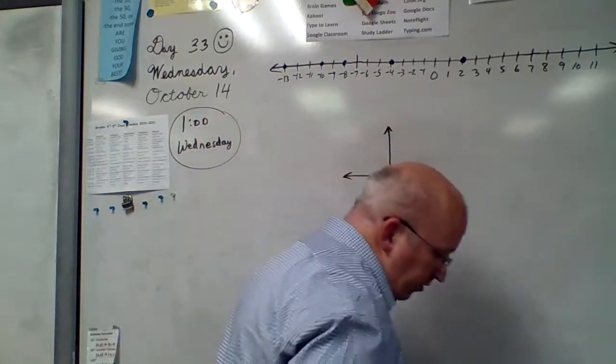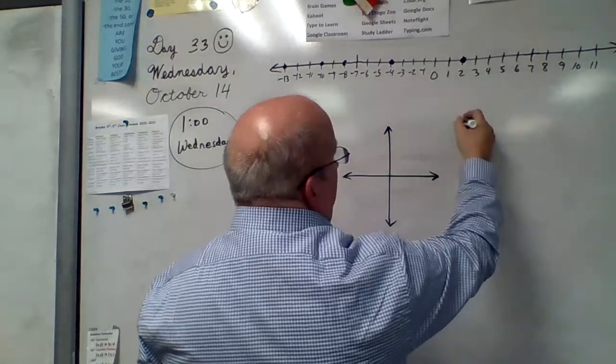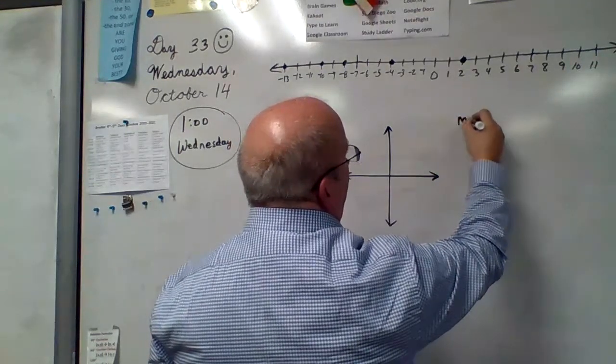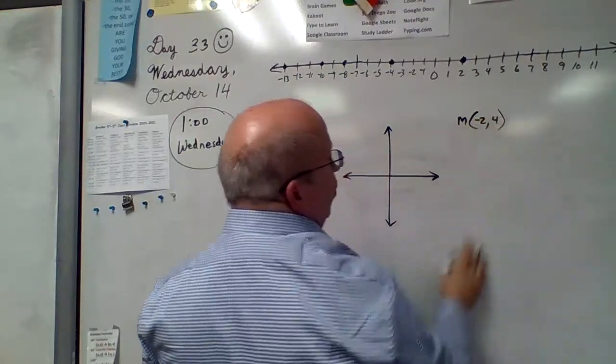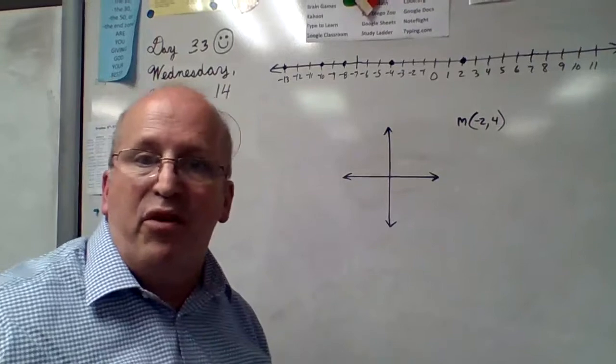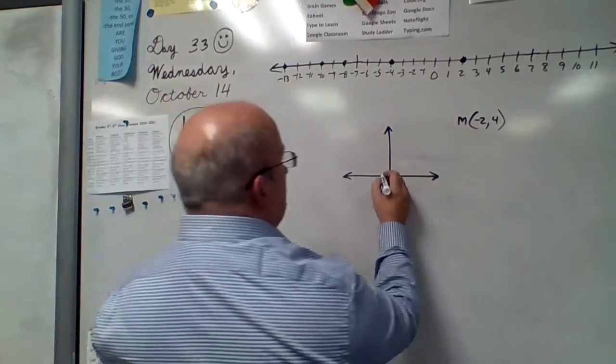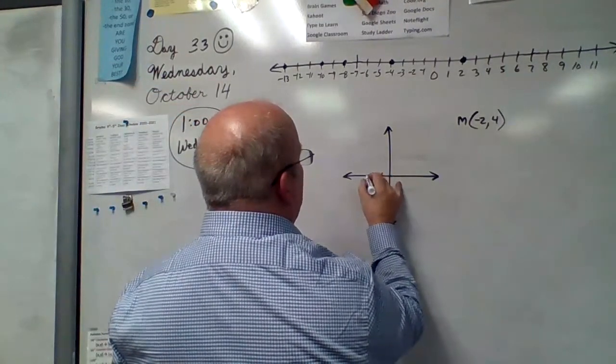If somebody said to me, here's a point, I'm going to call it point M, and it's located at negative 2, positive 4, where would I put that dot? Well, I'm going to put some tick marks on here.